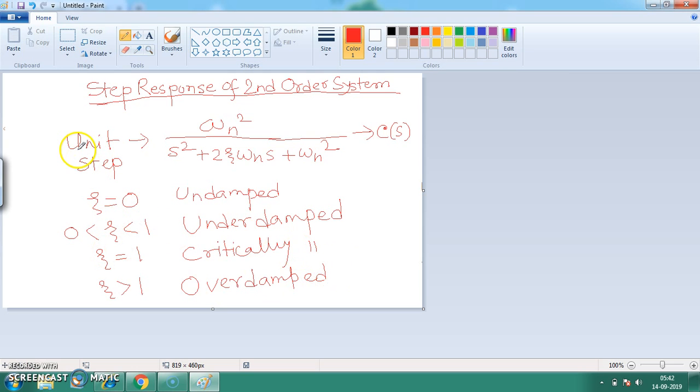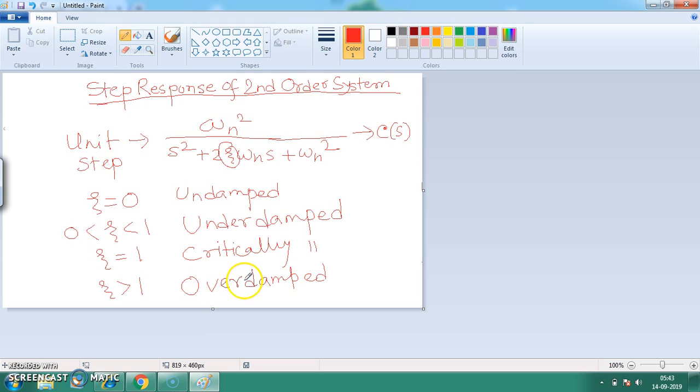So, if we put step input, depending upon the value of zeta, the system parameter, we can expect these 4 types of response. So, that means step response of second order system is actually different types of response: underdamped, undamped, critically damped and overdamped.